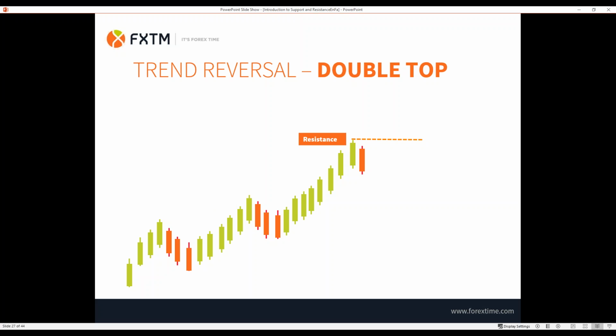But even though the uptrend is most likely to continue to move higher and higher, that is not going to happen indefinitely. There will come a point that the market will reverse.